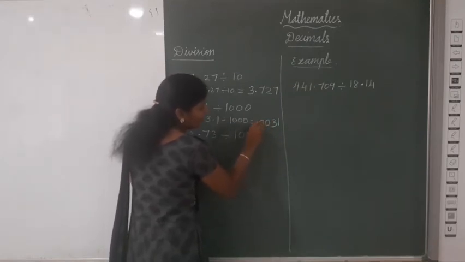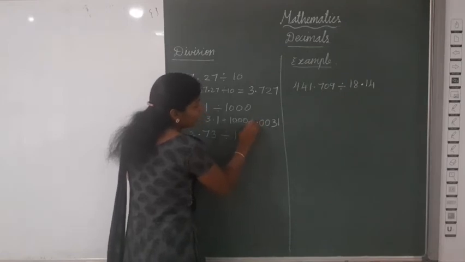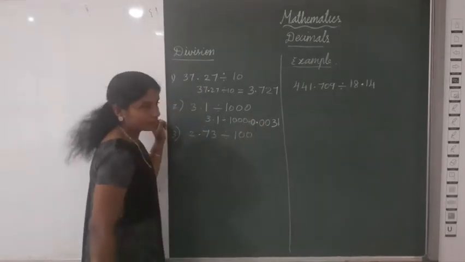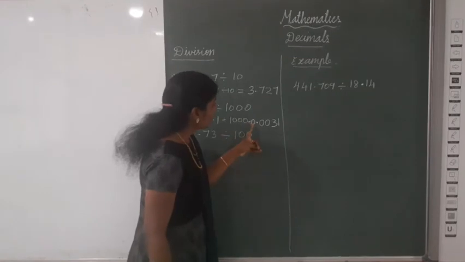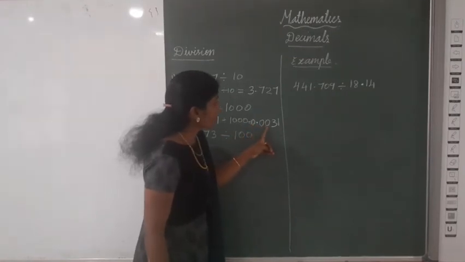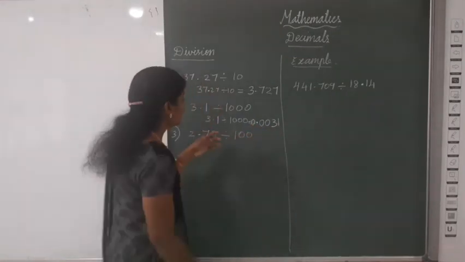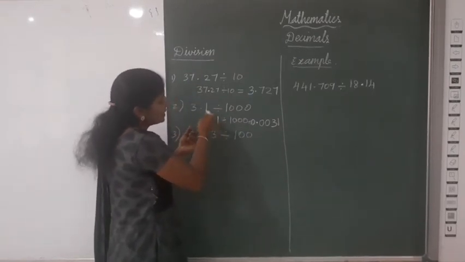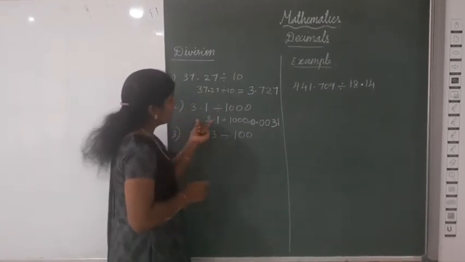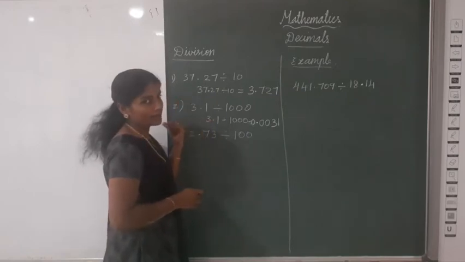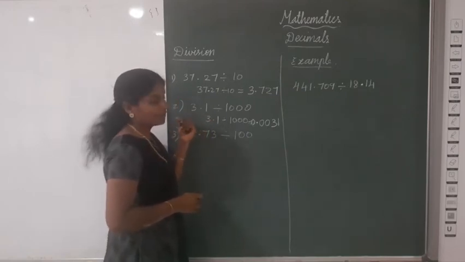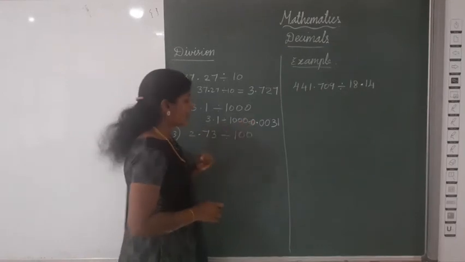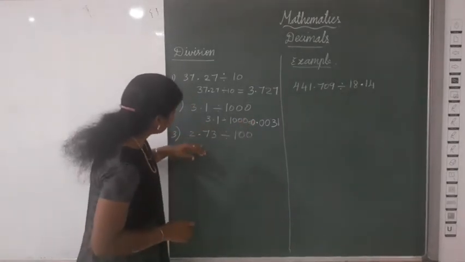Then we put the point here. Then before the point also we add a 0. So what's the answer? 0.0031. Because we move the decimal point 3 places to left side. Clear? Okay.